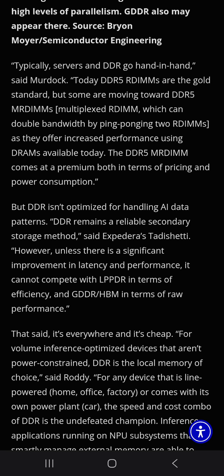The DDR5 MRDIMM comes at a premium, both in terms of pricing and power consumption.